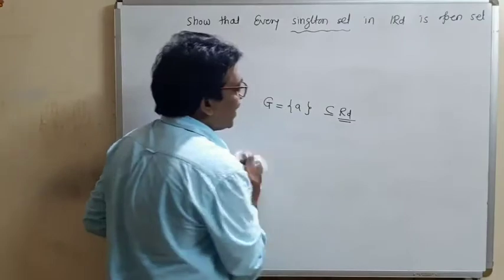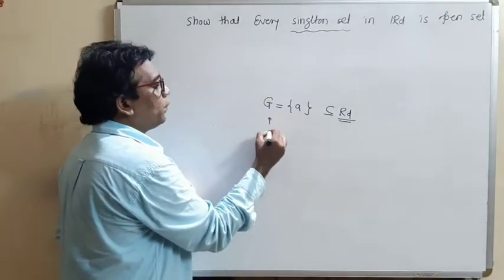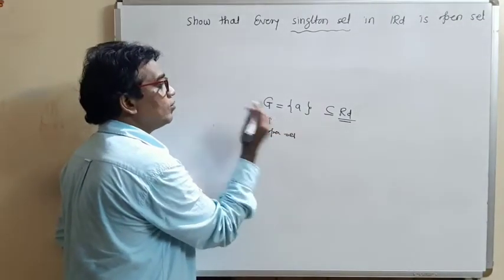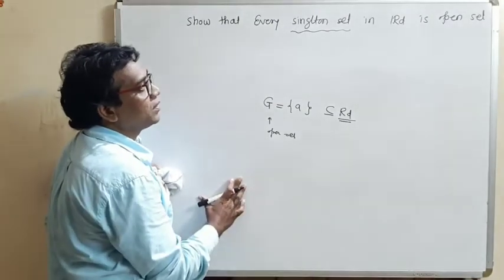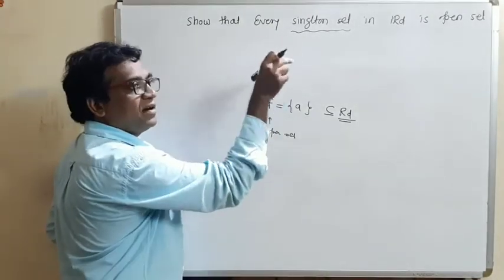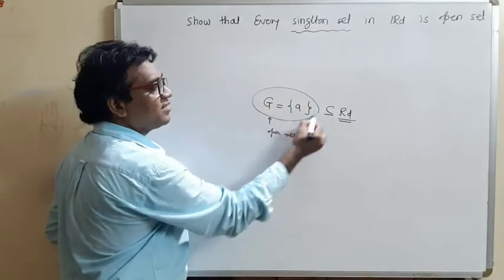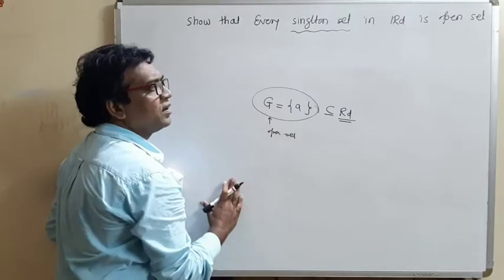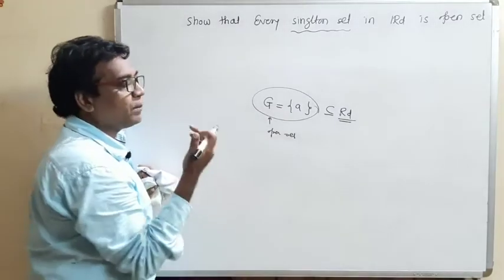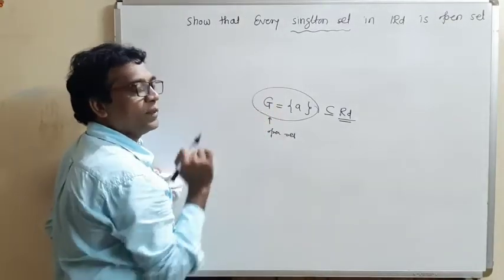Now we want to show that this is an open set. So see, what is our theorem? We have to take a singleton set in R_d and show that this G is an open set. So see what is the basic idea for showing an open set.